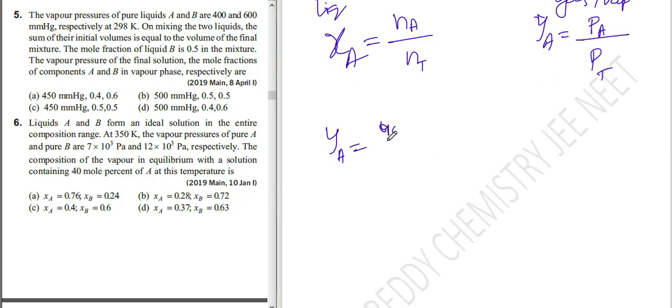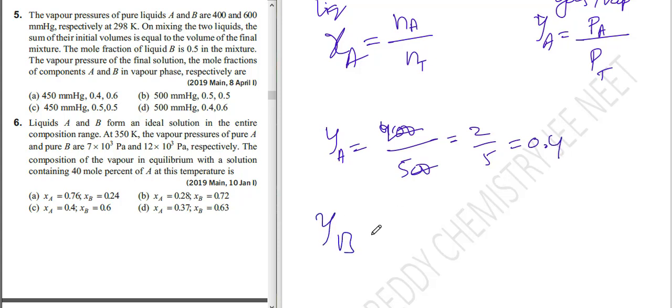Partial pressure of A is 200 upon total pressure 500. Cancel the zeros, 2 by 5, that means 0.4. Similarly, YB is 300 upon 500, cancel the zeros, 3 by 5, that means 0.6.